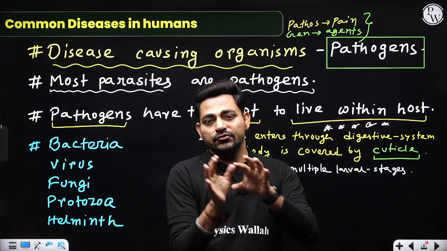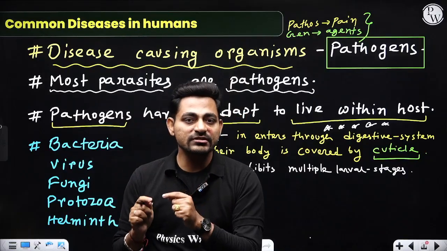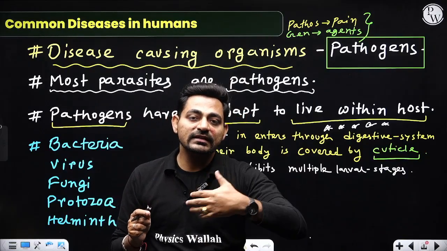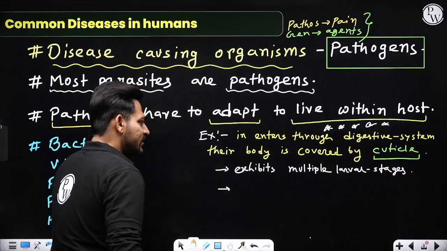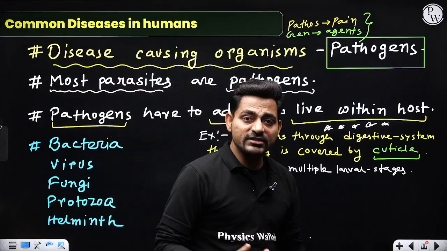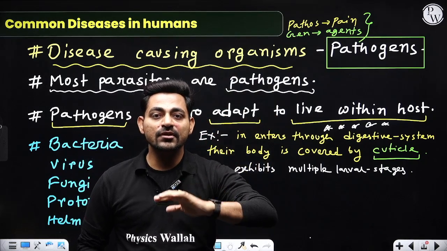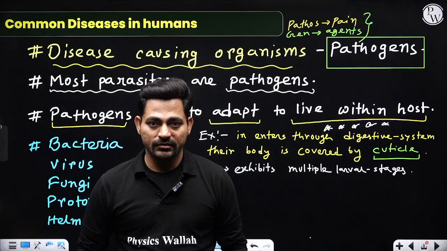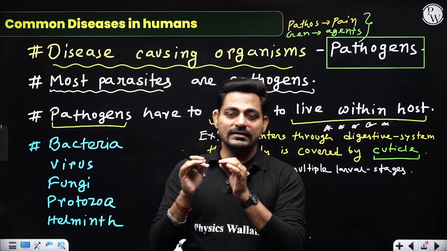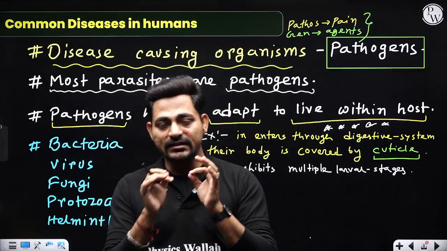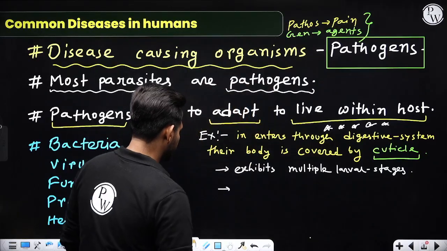They go through different larval stages so that the immune cells of the host cannot easily identify them. Another methodology is that numerous parasites will not choose only a single host; they will choose more than one host. That is also a strategy to escape from the host immune system.